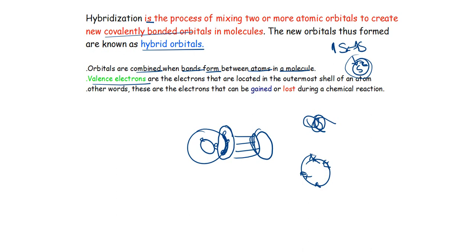Okay, so we are talking about these valence electrons. Remember, there is a valence and valence electrons. When we talk about valence electrons, those are electrons in the outermost shell of an atom. In other words, these are electrons that can be gained or lost. So it's a charge. The combining power of an element is called a valence.